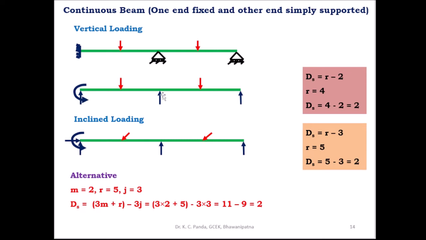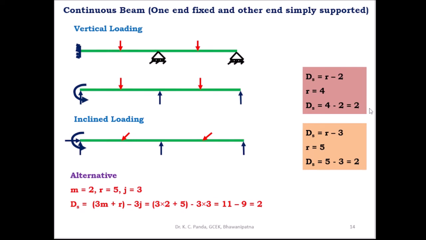At the intermediate support there is the vertical reaction component, and at the other end there is also a vertical reaction component. The total number of reaction components is equal to 4, and in this case the degree of static indeterminacy can be found using the expression ds is equal to r minus 2. So here r is equal to 4 and ds is equal to 4 minus 2 is equal to 2.